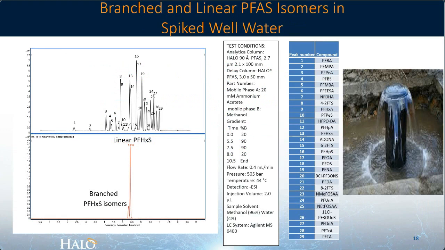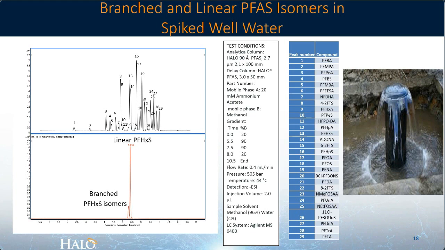We have an example here of branched and linear PFAS isomers in spiked well water, comparing the branched PFHxS and the linear version of it. This is from a well water sample. There's a well not too far from us, and this was sampled from the water. There are 29 PFAS species in this contaminated water, and we can separate the linear and the branched.